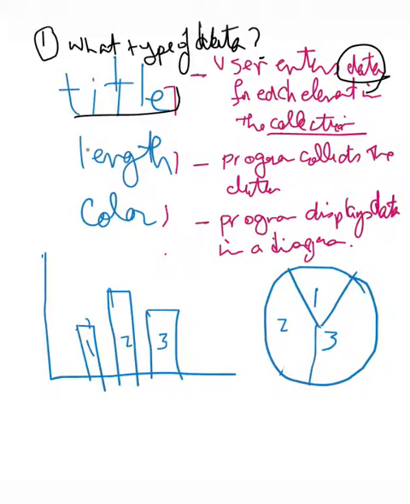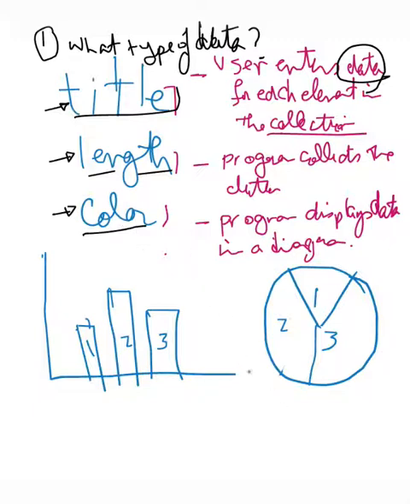So one of the complexities in this problem, project 18.1, is that the data is not one value. The data is three values. So you ask yourself, what type of data is this? If you remember back from chapter 2 or 3, we talked about two types of data.